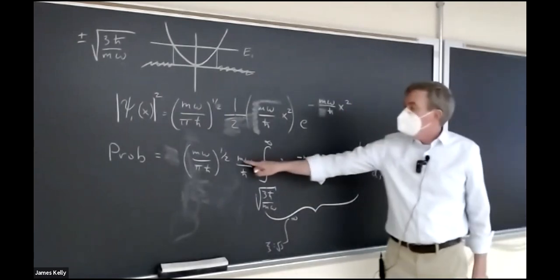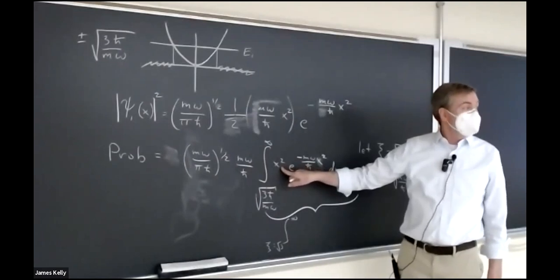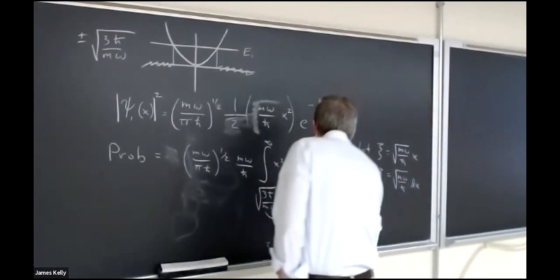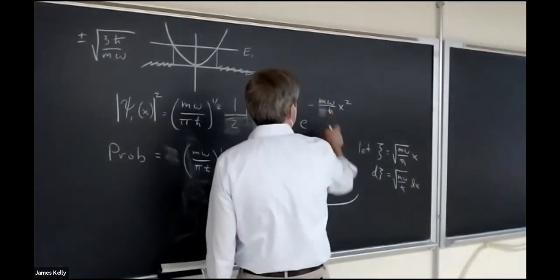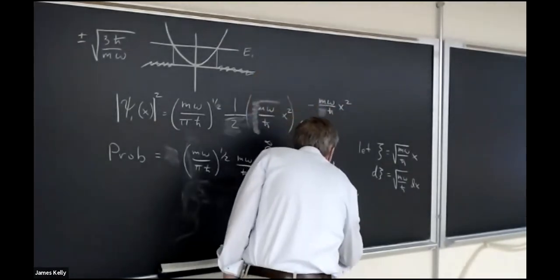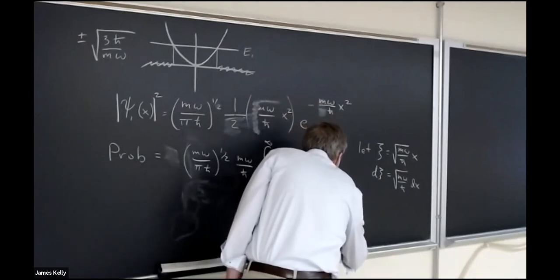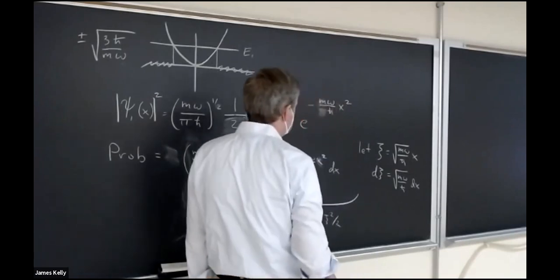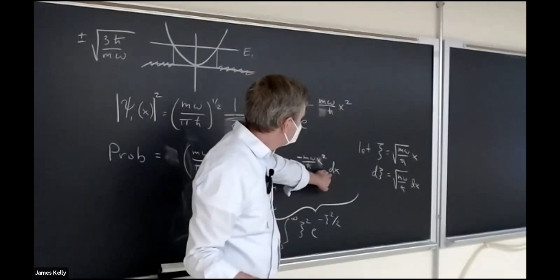Let's see, this m omega over h bar times x squared is exactly what xi squared is. So that's xi squared. And then this was e, if you work it out, to the minus xi squared over 2. So that's substituting in everything except the dx.